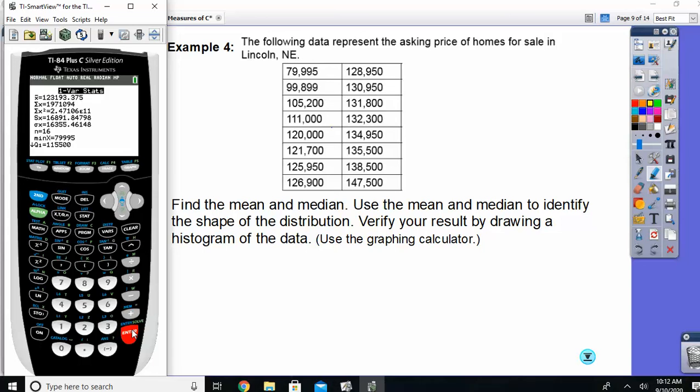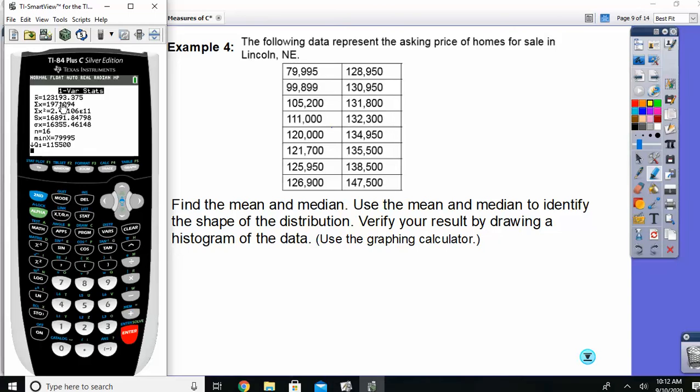Okay, from here, the mean would be which thing? What's the notation for mean? Mu or x bar, right? You see the very first thing on here is my x bar. So my average is 123,193.